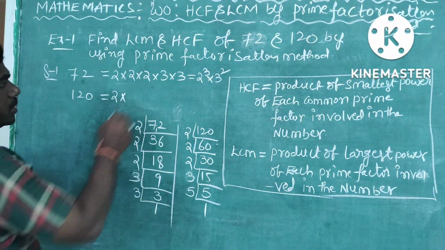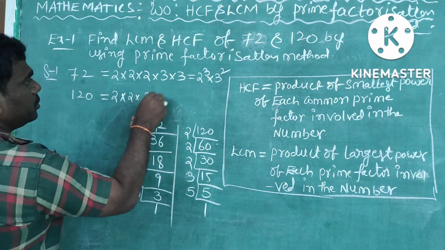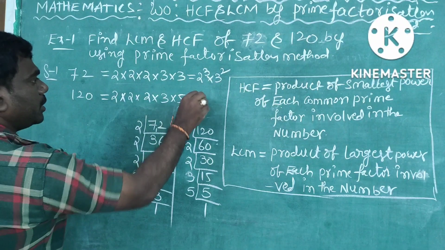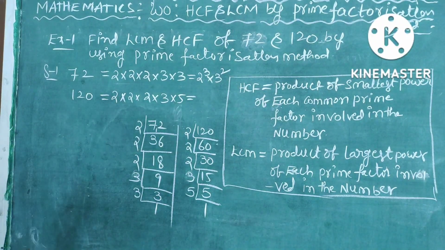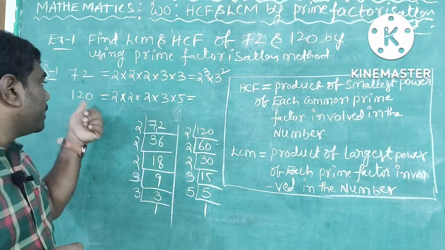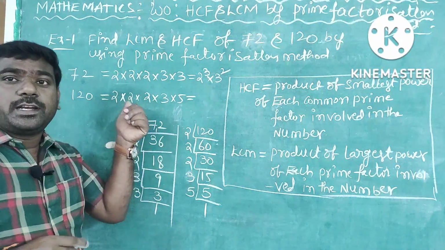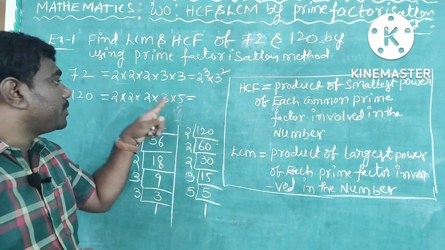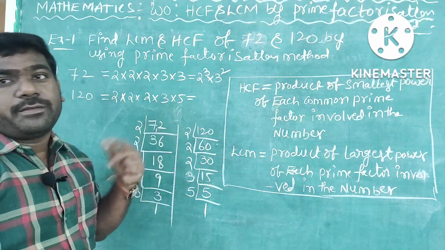That is nothing but 2 into 2 into 2 into 3 into 5. This is the prime factorization: the number represented as a product of its prime factors.